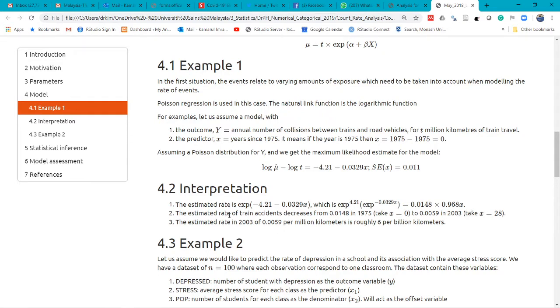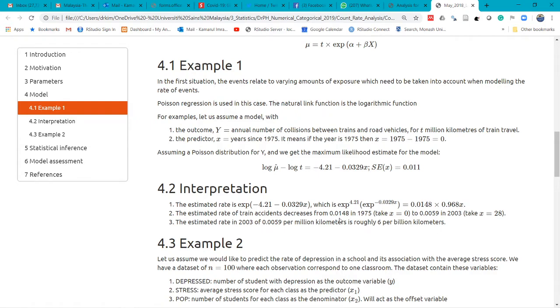So the estimated rate of train accidents decreases from 0.0148 in 1975, because x becomes 0, to 0.0059 in 2003, because 2003 is 28 years later. You replace x with 28.